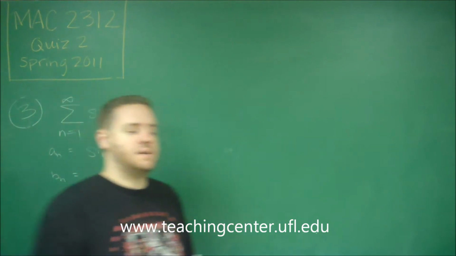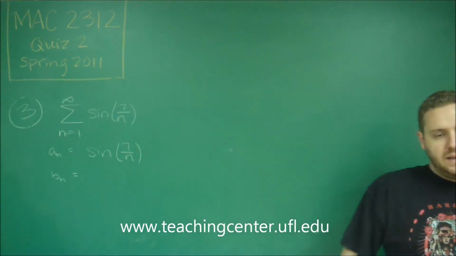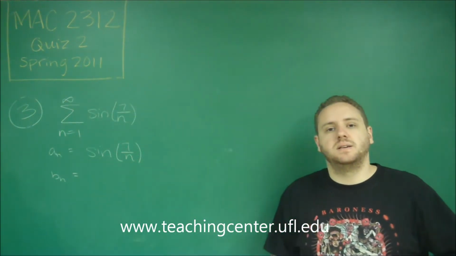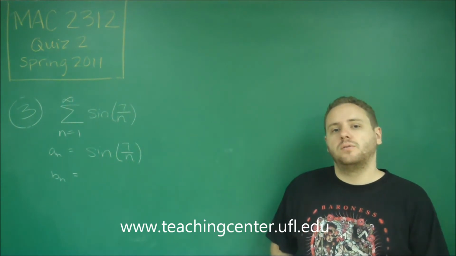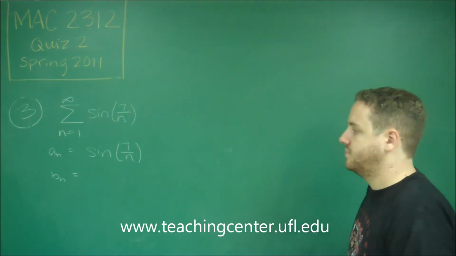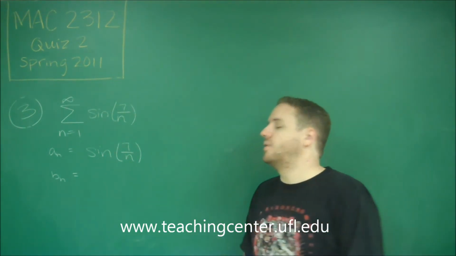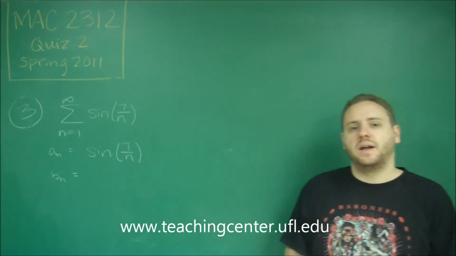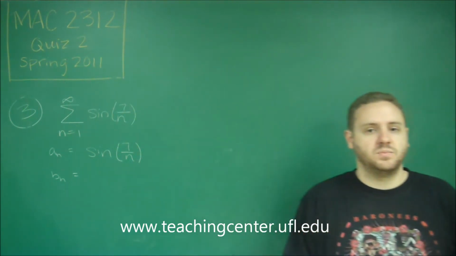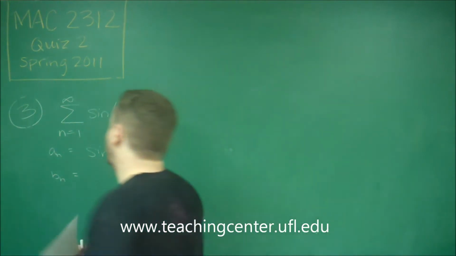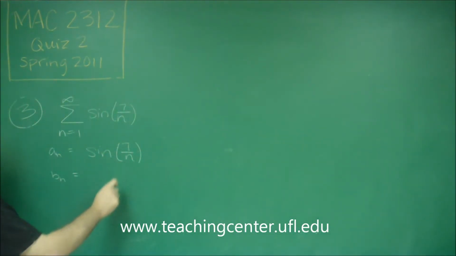What we're going to compare that to needs a little bit of creativity to see, but if you recall from Calc 1, you went over a trig identity that sine x over x is 1 as x approaches 0. So we want to choose what's inside this sine function. We want to choose 7 over n.